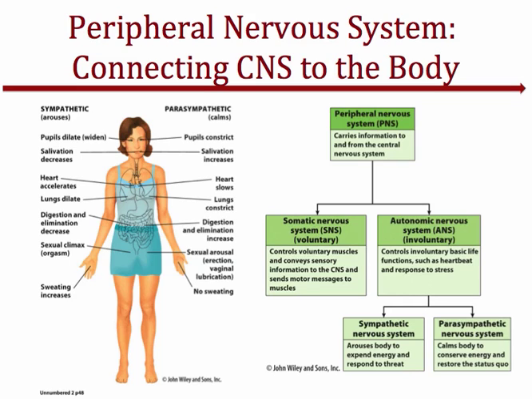On the other hand, the parasympathetic brings all those things back down to their more baseline level. In other words, it constricts pupils, increases salivation to aid in digestion, slows the heart, constricts the lungs, etc.